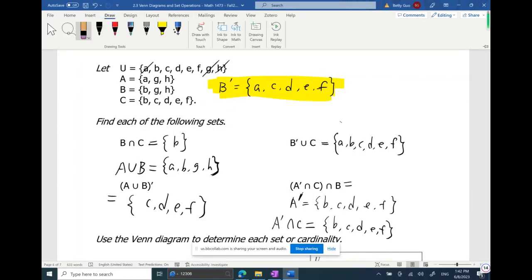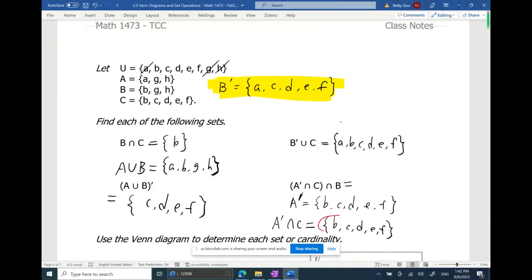Now we are going to take the intersection of this set and this set, B, G, H. What elements do they have in common? B is common. G is not. H is not. So B is the only element in common. The result is just a set containing one element, B, right?